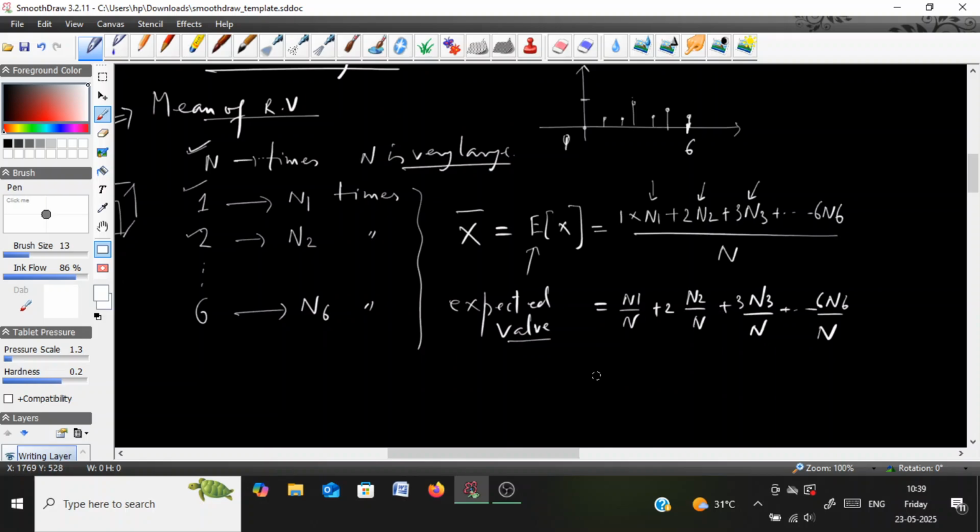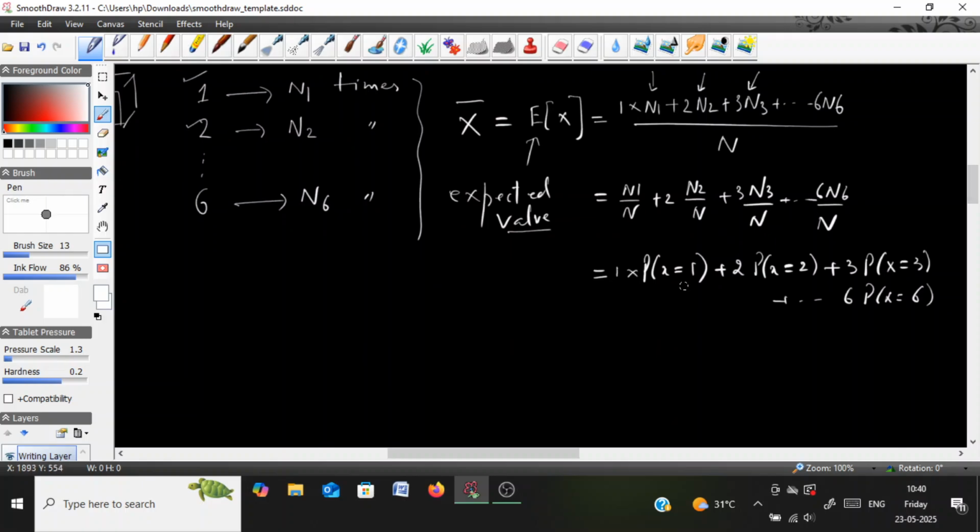Okay, so this I can write as 1 into probability of x is equal to 1 plus 2 times probability of x is equal to 2 plus 3 times probability of random variable x getting a value of 3, so on, 6 times probability of x is equal to 6.